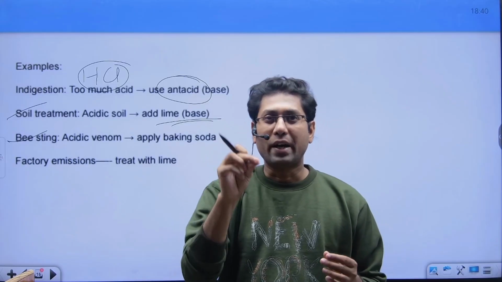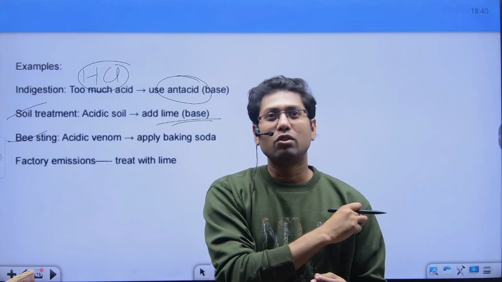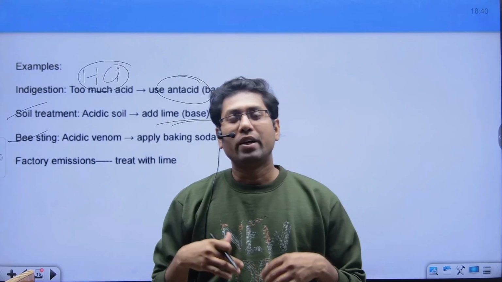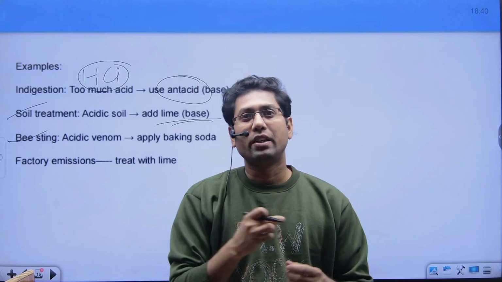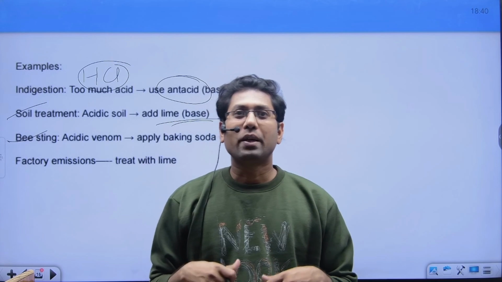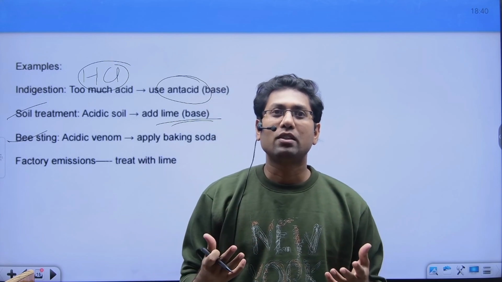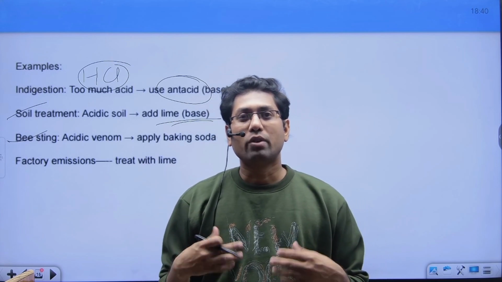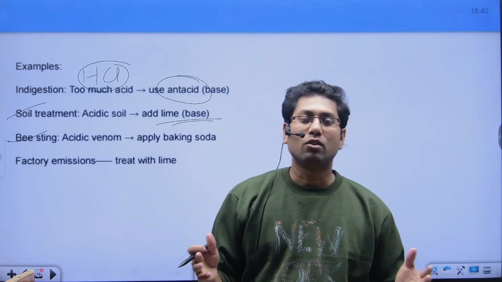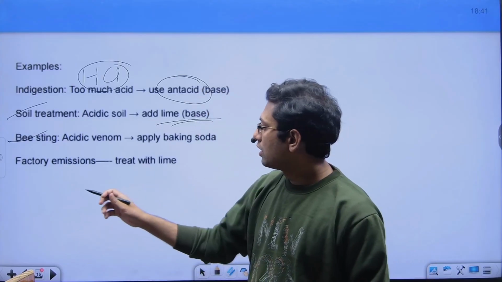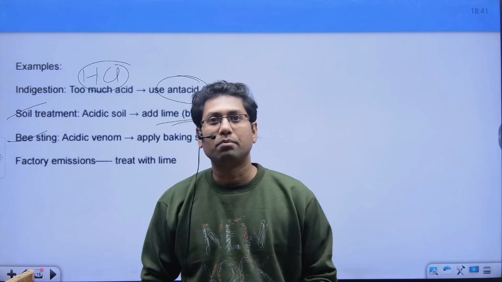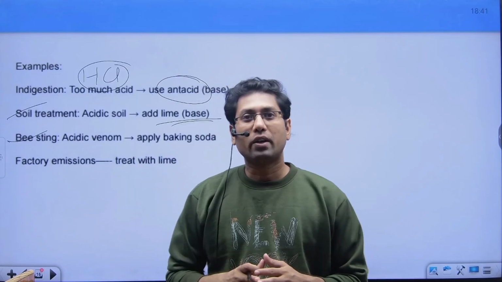Because when it bites, it releases that acid in your skin. When formic acid is released in your skin, it pains you a lot, and what you have to do is apply a base in order to neutralize the reaction. Okay, friends, so this is another example of neutralization reaction.